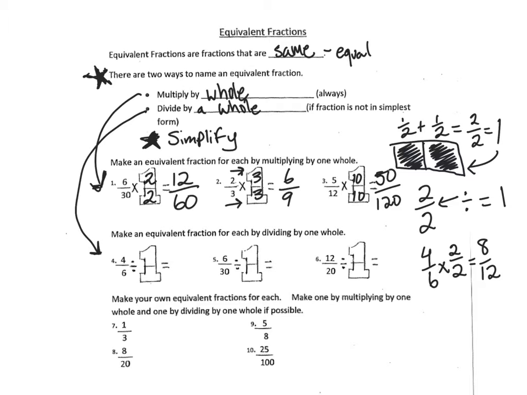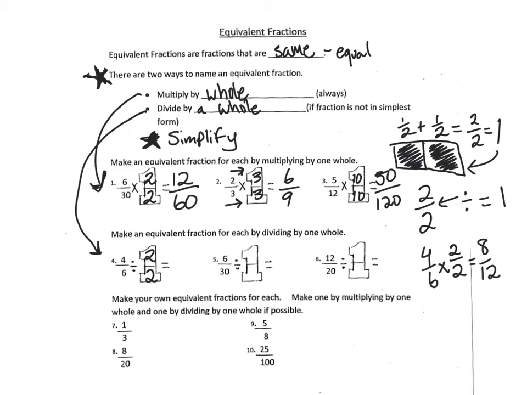So what I could do here is I could look at 4/6 and go, all right, well, I know something about 4 and 6. 4 and 6 are both even, so I'm going to use some divisibility rules, and I'm going to tell myself, well, I think 2 can go into both. So I'm going to write 2 over 2, and I'm going to think about, all right, well, if 2 over 2 can go in, then I'm going to now divide.